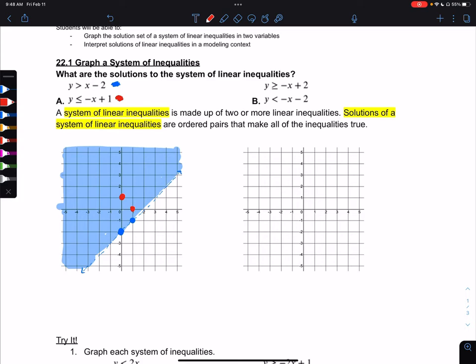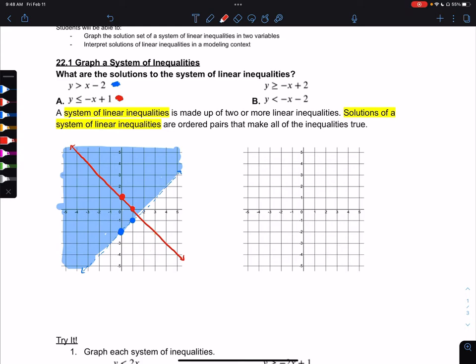This one is less than or equal to, so this time we would need a solid line. So I'm going to connect these dots here with a solid line, probably one of the best lines I've drawn. And then we want to shade the region. In this case, we want to go below, right, because it's less than. So the arrow would go down, so that tells us which part of the graph to shade.